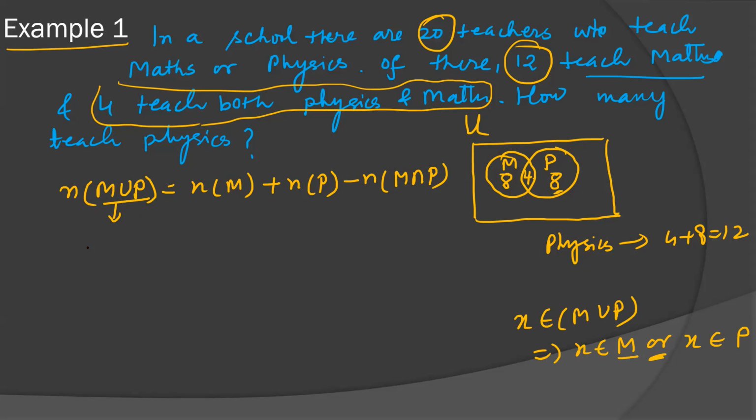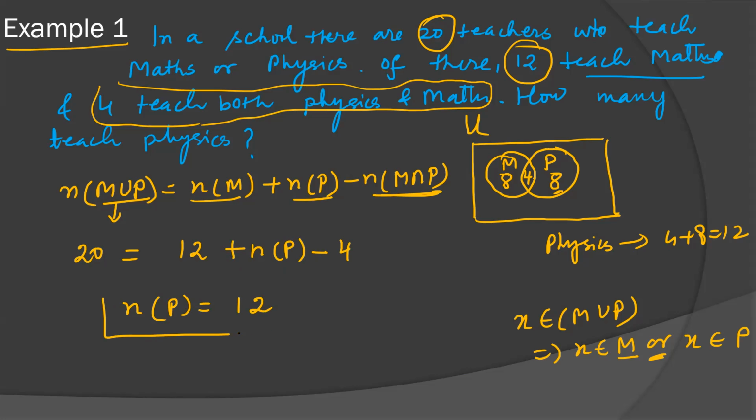So this is 20, given in the question. The number of teachers teaching math is 12 here. The number of teachers teaching physics I have to calculate. The number of teachers teaching both is 4. So if you solve, you will get the number of teachers teaching physics as 12 only. So this is the method to calculate by the formula, and this is the way by Venn diagram you can solve this problem.